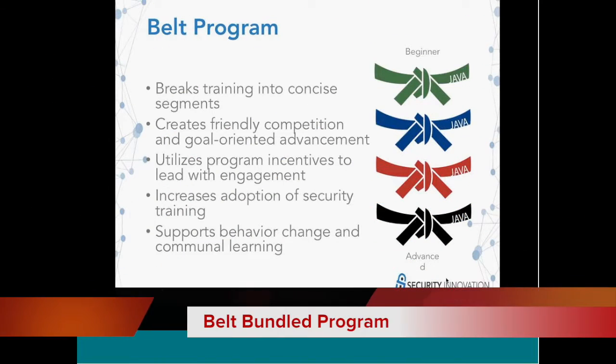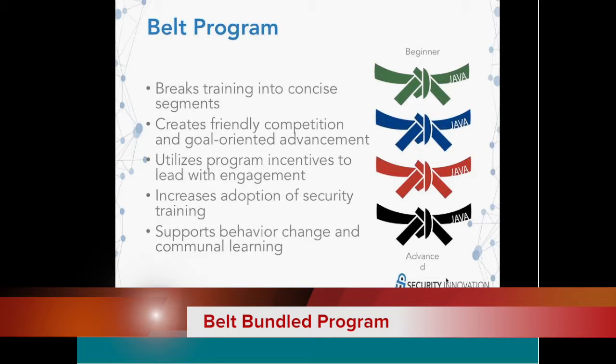We have what's called a belt program, and you can think of it like a karate belt program. This is just to get users motivated to complete the training. You can look at green belt being beginner, blue being intermediate, red being more advanced, and then black belt, obviously, being expert-level courses. What these belt programs are designed to do is get folks motivated and incentivized.